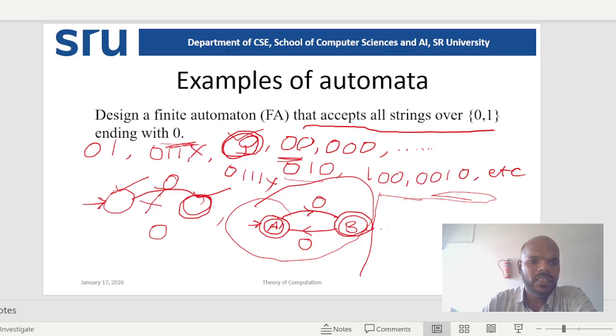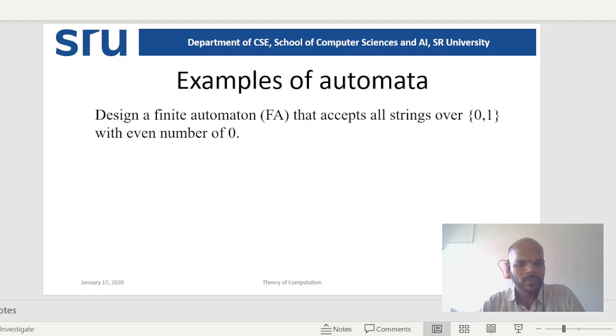But in this example, there is no such kind of thing present at all. So what do we have to do? We can go for one more thing: we will go for the extension of this one.